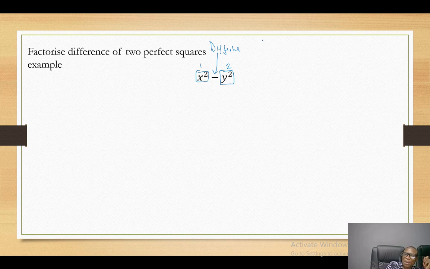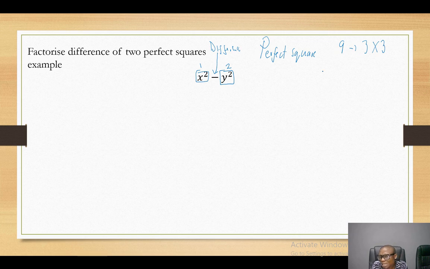You must be able to identify a perfect square. What are we talking about? Let's talk about 9. 9 is a perfect square. Why? Because there is a number which when you multiply it by itself, you get 9.